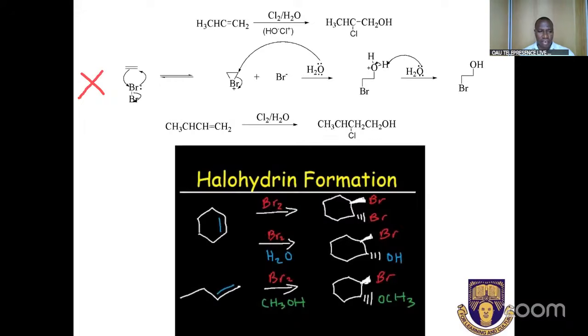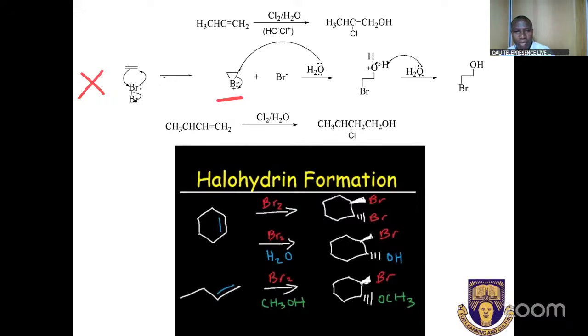What happens first is that the halogen is polarized. So when the halogen is polarized, one part of the Br becomes positive, the other part becomes negative. Then you have this three-membered ring generated, with a positive charge.